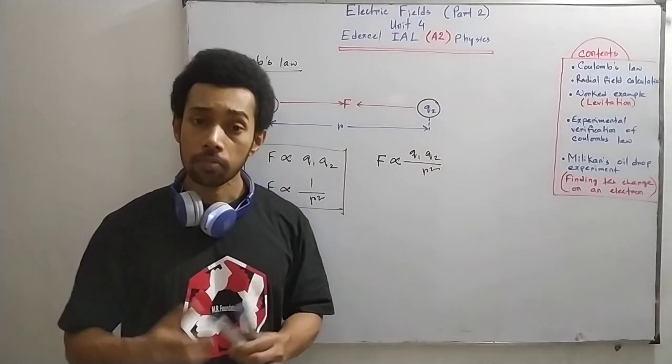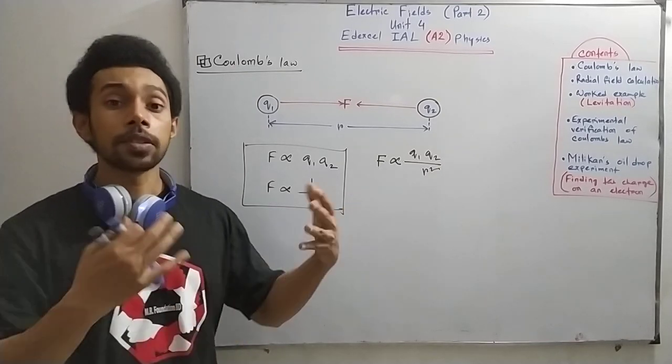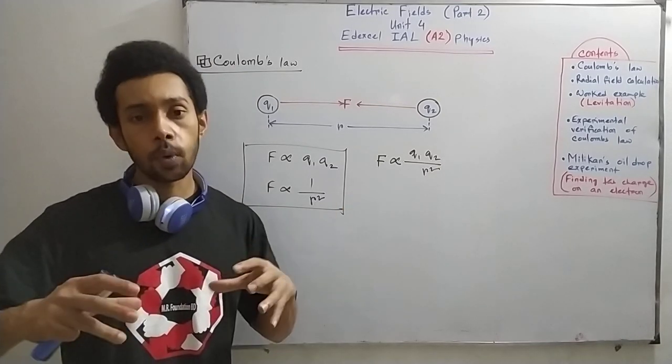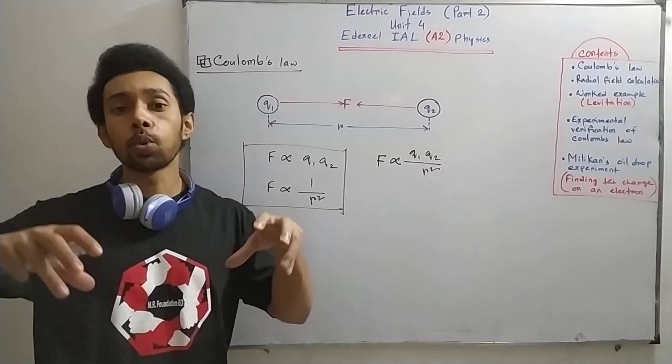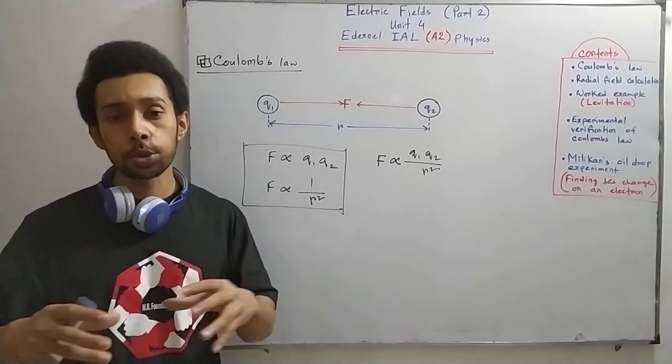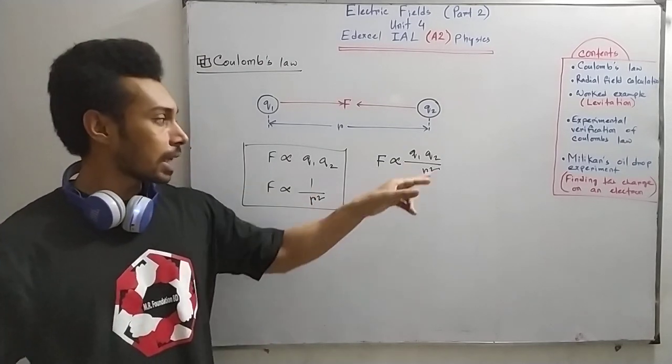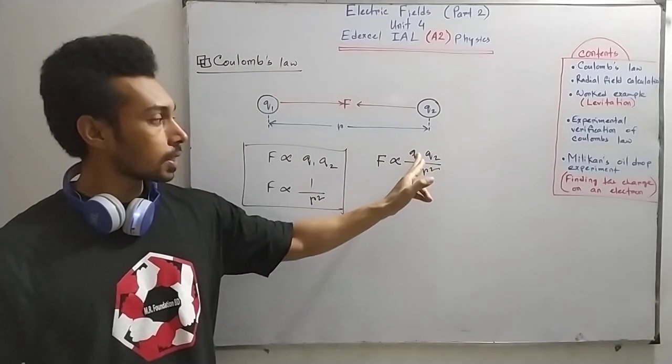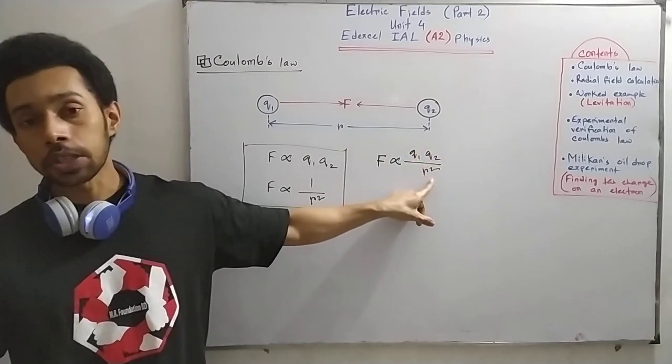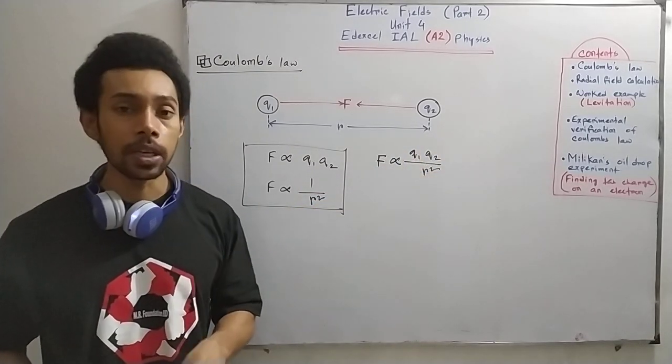Okay, so this is Coulomb's law, and it states that the electrostatic force of attraction or repulsion between two charged objects or two charged particles is directly proportional to the product of their charges and inversely proportional to the square of the separation between them.